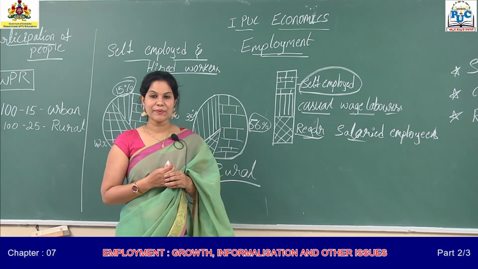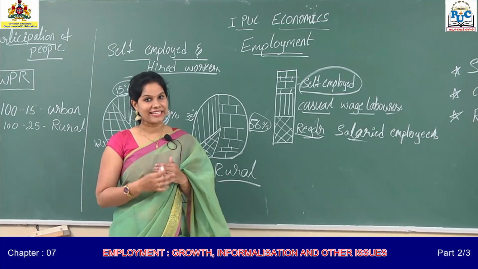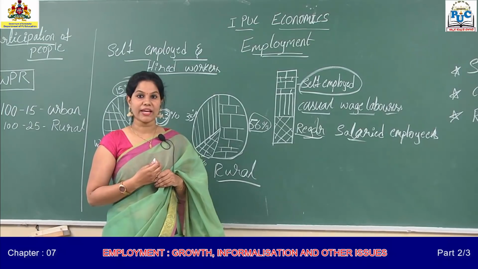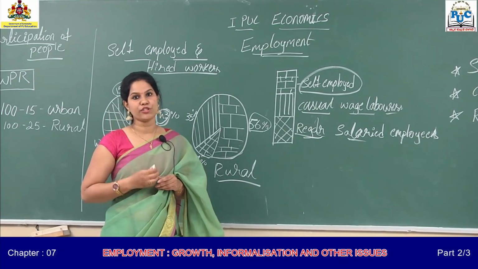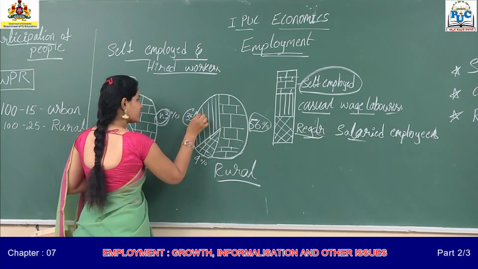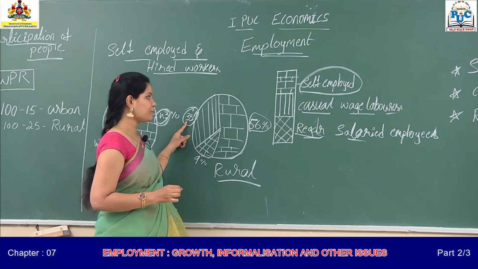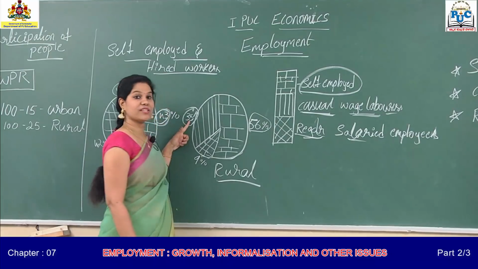The maximum people in the rural area are dependent on agriculture directly or indirectly. That's why the maximum percentage employed in the rural area belongs to the agricultural sector.